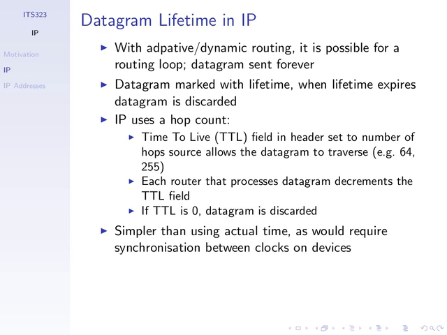So if we set the TTL to 4, then our host can send it to the router. That's 1 hop. Then router to router, it can traverse 3 hops, and then it can traverse 4 hops. If it hasn't reached the destination, the router will discard it. It would delete that datagram.